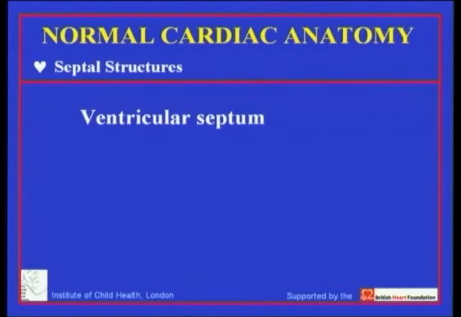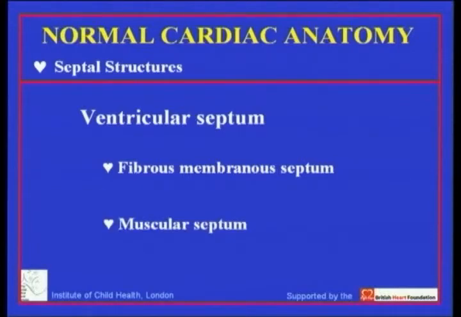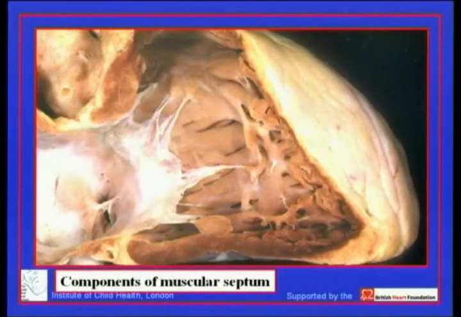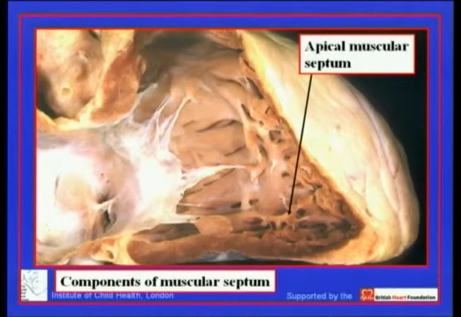Now, to complete our review of septal structures by looking at the ventricular septum, you will now appreciate that the inferior part of the fibrous septum is oftentimes interventricular. But our attention now is on the muscular septum, because in the past, again, we made mistakes.